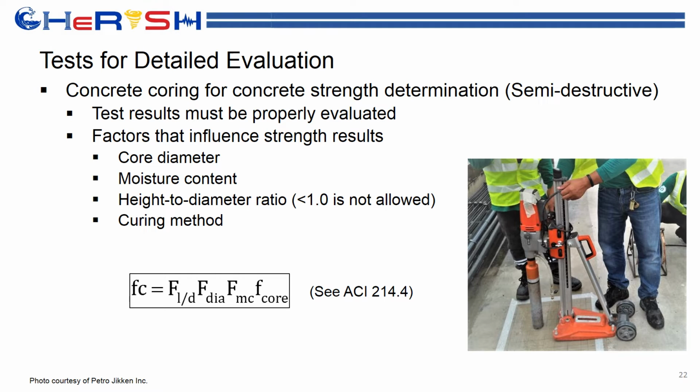So all this information must be taken into account before using the compressive strength results. Meaning, after doing the compressive strength test, we cannot just take that number and the average and use it in our assessment, but rather we need to account for these correction factors before we can use that information.